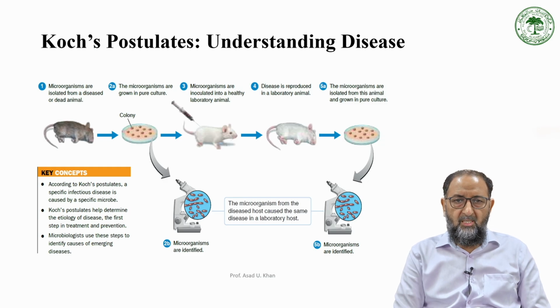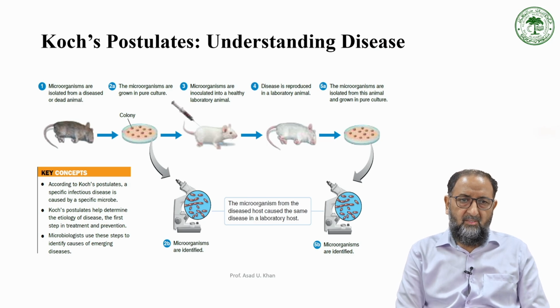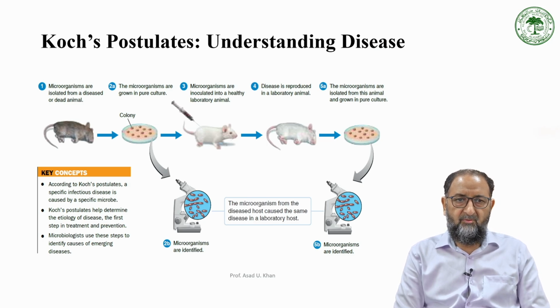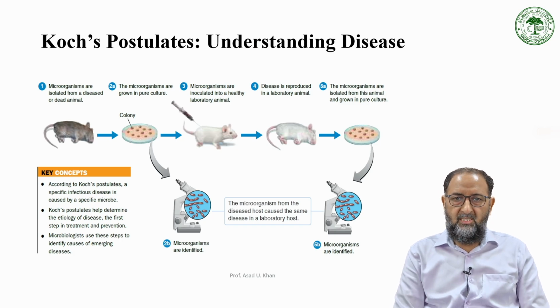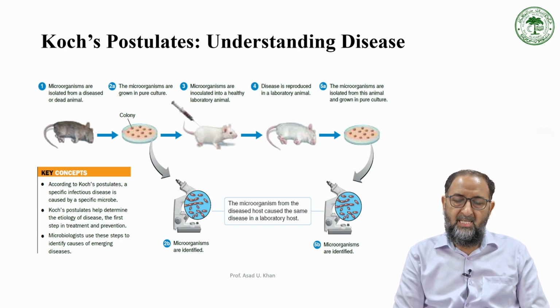This is the pictorial presentation with the mice model. They identified the pathogens: microorganisms are isolated from the diseased or dead animal, recultured in artificial media, and regrown. Point number 2 is that microorganisms are identified after isolation, 2A and 2B. Then 3, the microorganisms are inoculated in a healthy person or healthy animal model, and it again causes disease.